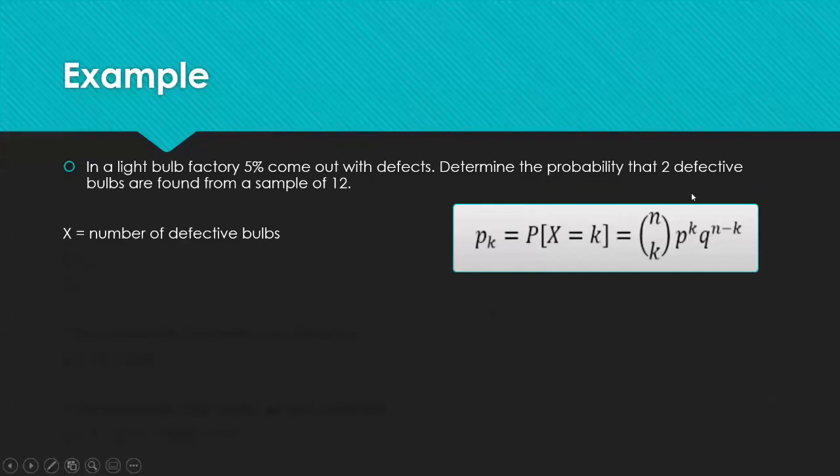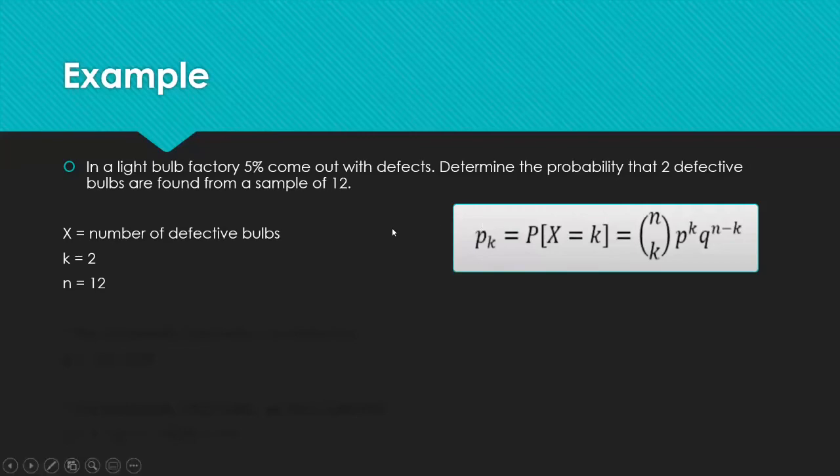The problem says that it is 2. Then we have to find n, the number of repetitions or trials of the experiment, and it is 12.